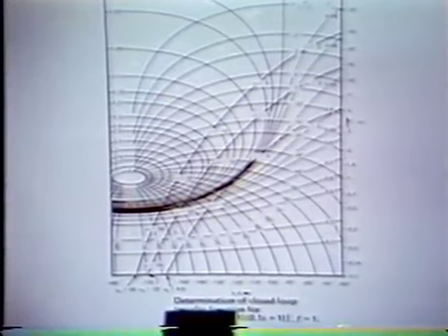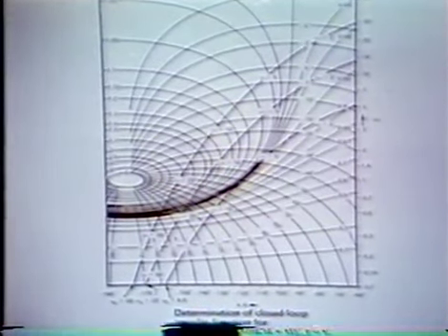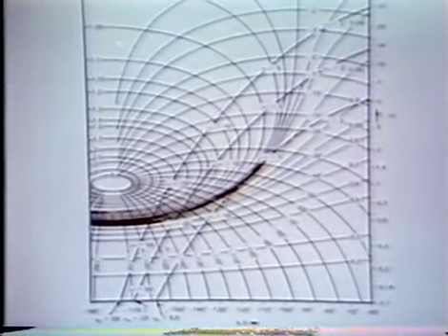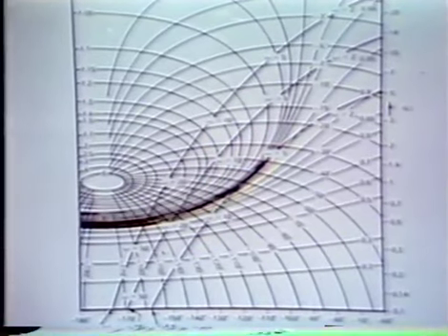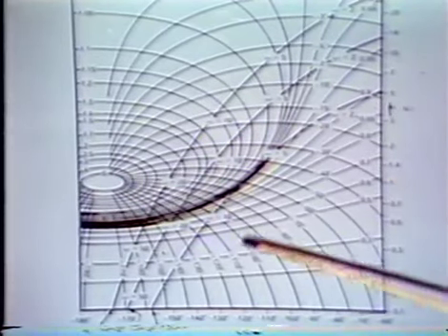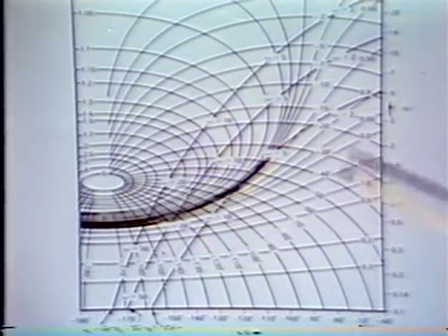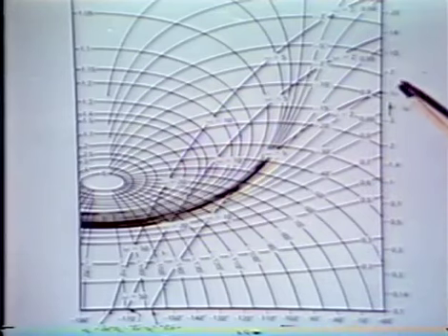And what we can do is plot our loop transmission, or actually the negative of the loop transmission, the AF product, on the gain phase coordinates. These are the background coordinates for the Nichols chart. And what I've shown here is precisely that construction for three different values of A0.